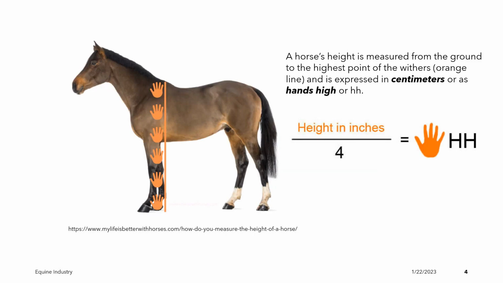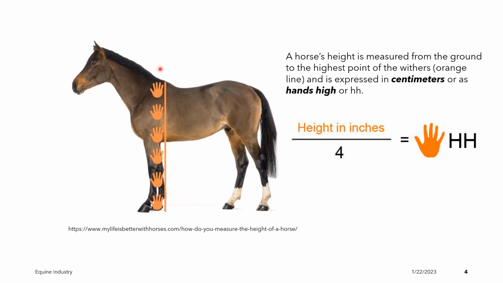So how are you going to measure the height of the horse? You can use a horse measuring stick or tape, or you can use a standard measuring tape, and you can convert the measurement into hands. A horse's height is measured from the ground to the withers. When we say withers, that is the tallest point of the body that is used to measure the height.